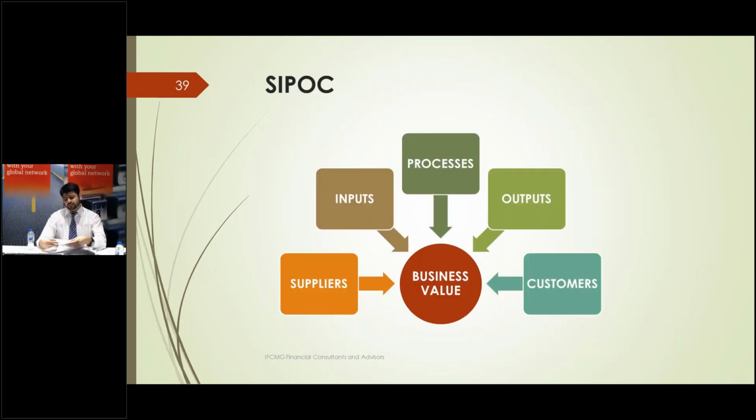The last matter that we need to consider would be the SIFOC process. It is a very good method to isolate and segregate business data. If you look at the business cycle, we have suppliers who give us the inputs. The inputs are utilized in processes, the processes then give the outputs, and the outputs are then used to generate customers. There we have things to consider like quality of suppliers, reliability of suppliers, diversity of suppliers.